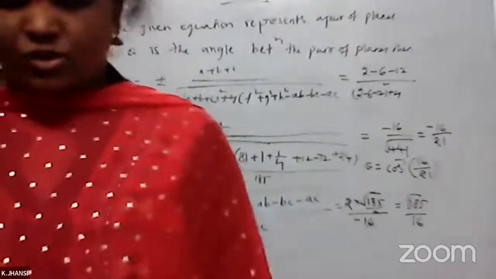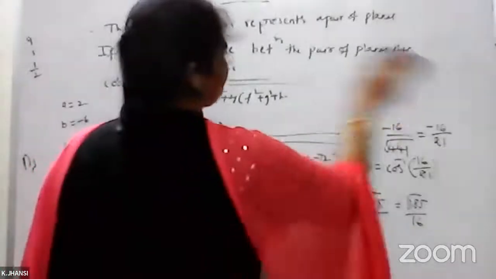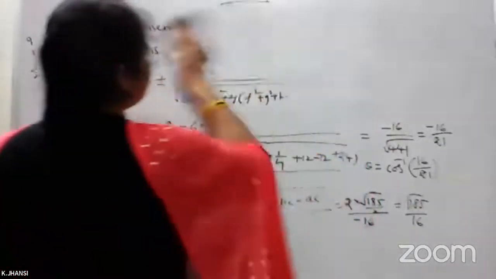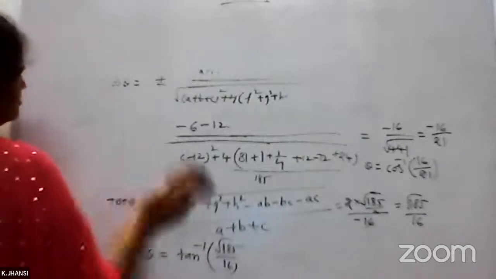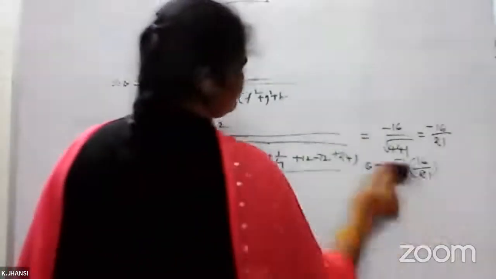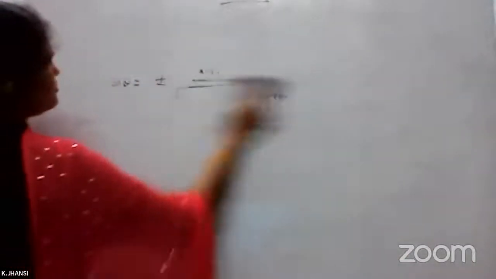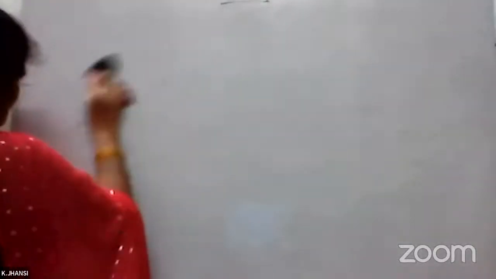Okay. So for finding the area of the triangle when three vertices are given, first write the formulas here.